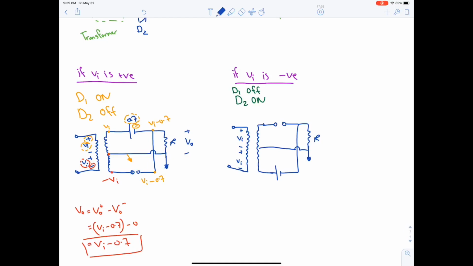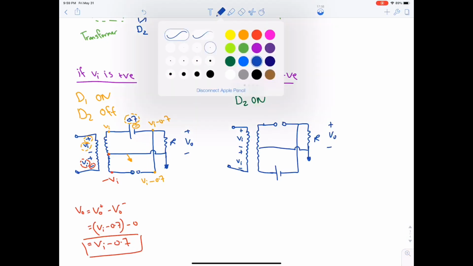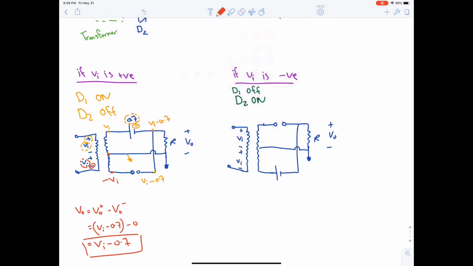Now, what's V output? Let's start analyzing it. This point is grounded. This point is VI because of the sign. And this point is minus VI again because of the sign. Now, the value of the voltage source is 0.7. Hence, this point is minus VI minus 0.7. This point is the same. Okay.